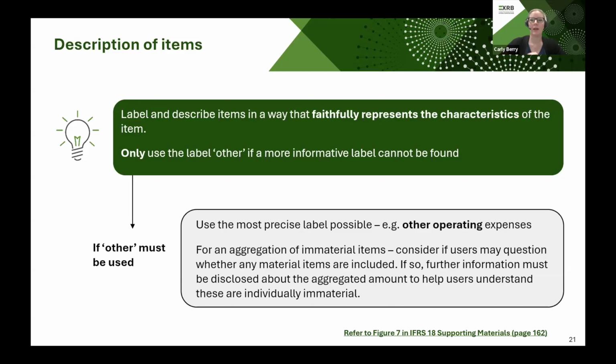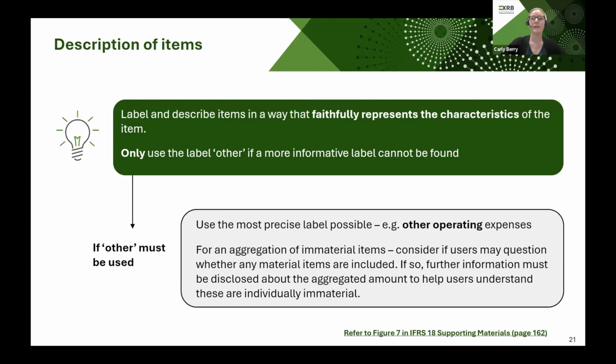You do also need to be aware that you may need to disclose some additional information about items labeled other. And this would be the case if you have an aggregation of immaterial items. Now here you would need to consider whether the aggregated amount is sufficiently large that users may reasonably question whether any material items are included in that amount.